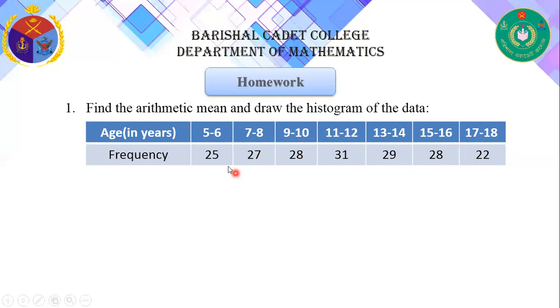So we have to find out first the arithmetic mean. Previously we discussed the arithmetic mean in the previous class, and now draw the histogram.